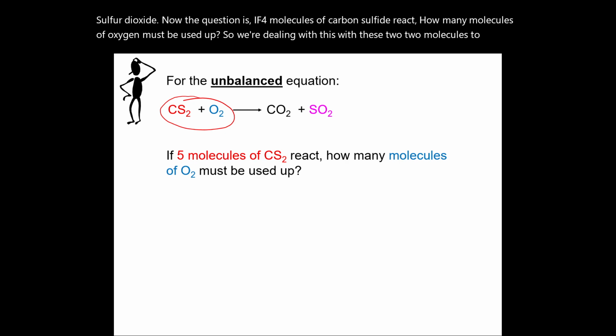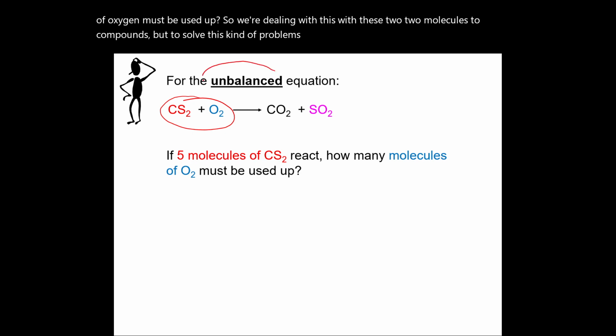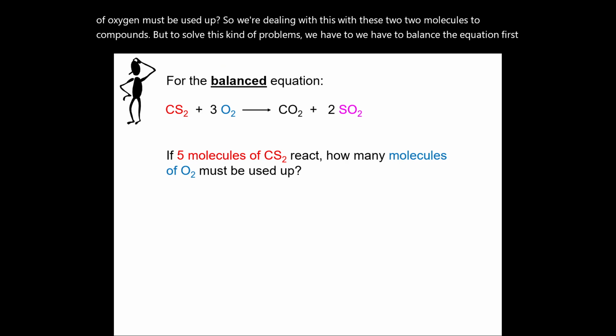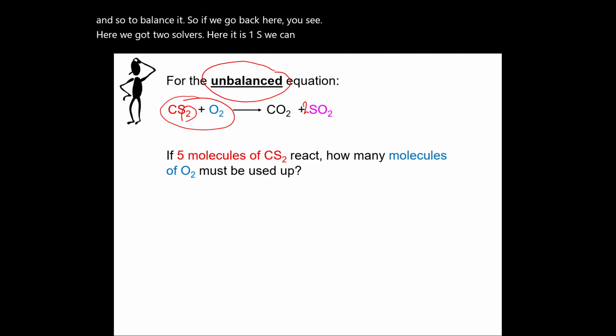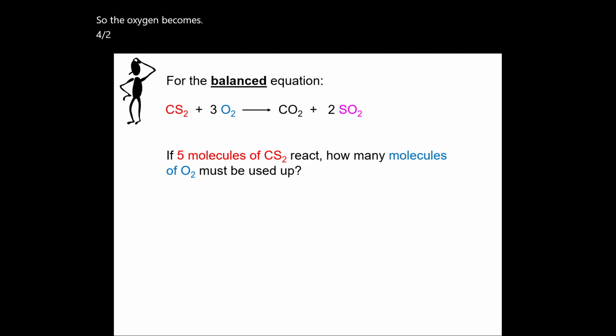But to solve this kind of problem, we have to balance the equation first. Here we have 2 sulfurs and here 1, so we can put 2 here, and so the oxygen becomes 4, 2 here, that's 6, so we put 3 here. That will balance the equation.